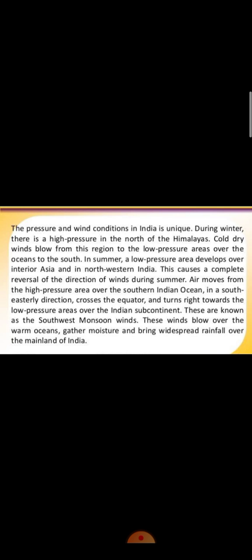As we had already seen in Zoom class through the video, how it enters India from the state of Kerala. These are known as the southwest monsoon winds. These winds blow over the warm oceans, gather moisture, means collect moisture, and bring widespread rainfall over the mainland of India.